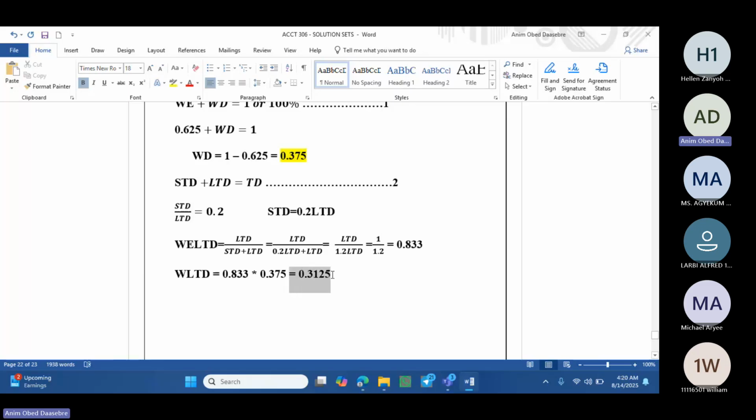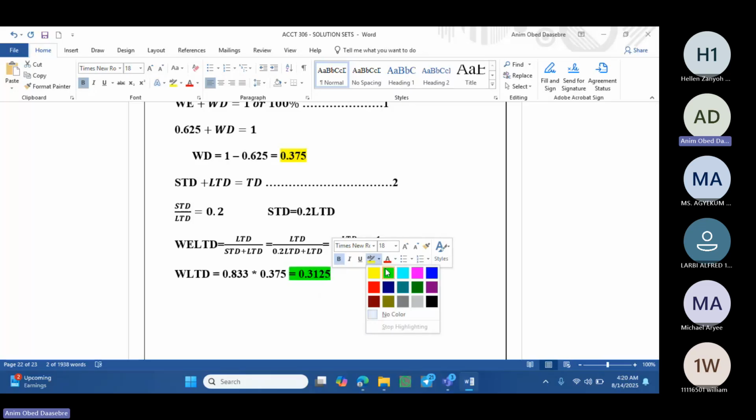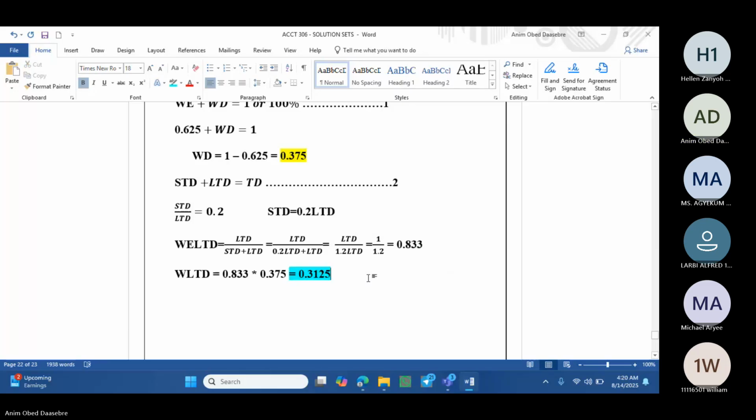So now this is the actual weight for long-term debt.